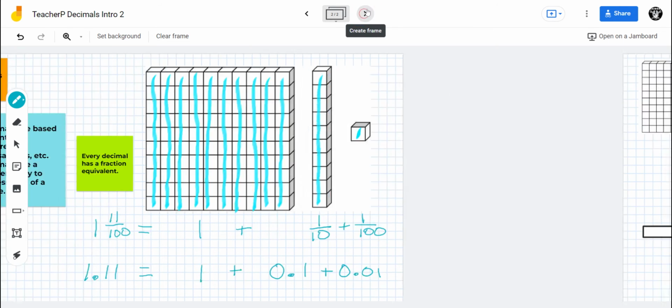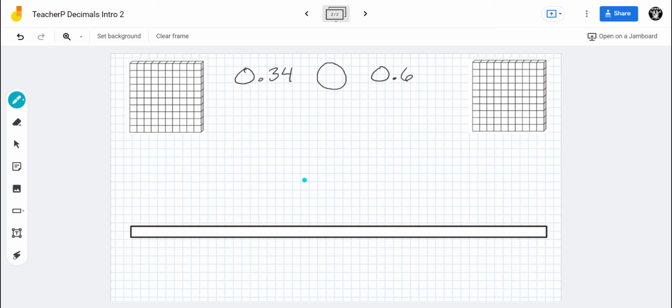All right, so those are some basics. Let's go to a more complicated problem. Take a look over here. I have 0.34, and I'm going to compare it greater than, less than, or equal to 0.6. So in order to do that, let's do some shading. 0.34, I have 3/10ths and 4/100ths.